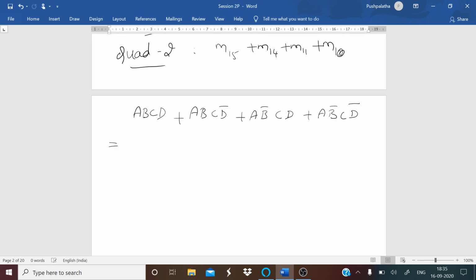So A is the same, so you write it; B changes its form, here it is B and here it is B bar, so leave it. C remains the same, D changes its form, so this is your answer.